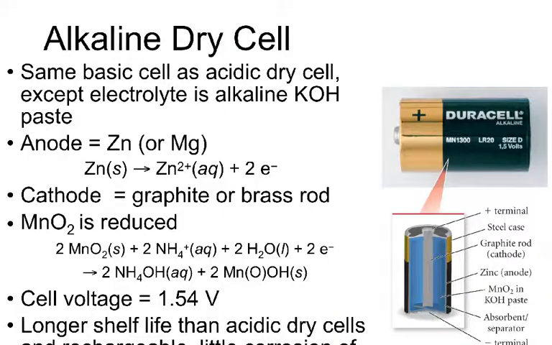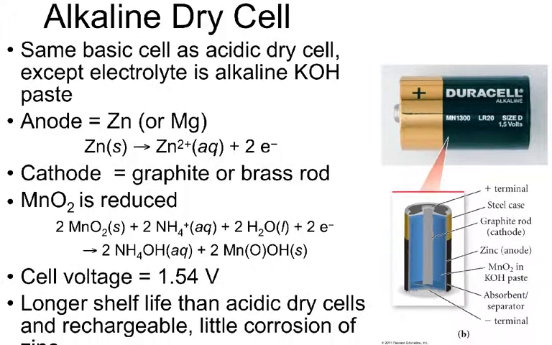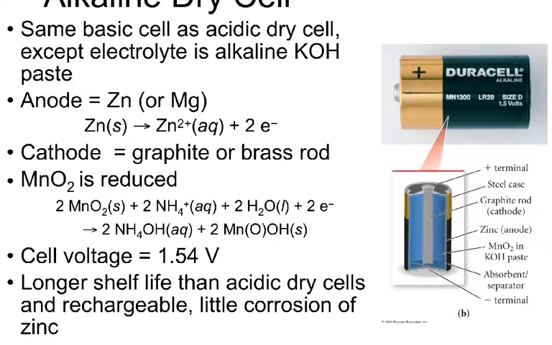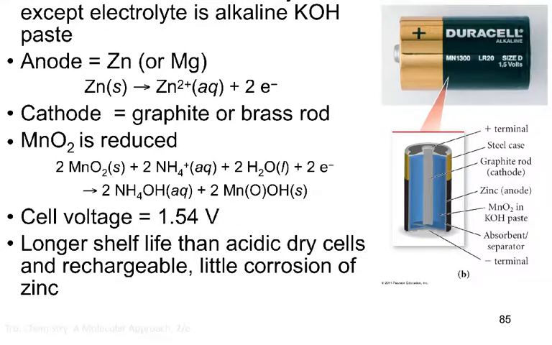Some batteries take advantage of things like this. So your basic alkaline dry cell has an alkaline potassium hydroxide paste. The anode is zinc or magnesium. Cathode is a graphite or brass rod, and we're just reducing manganese dioxide.